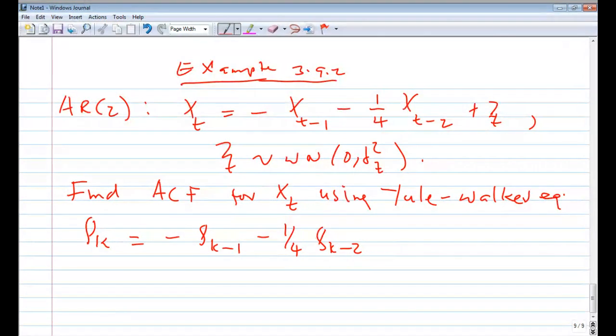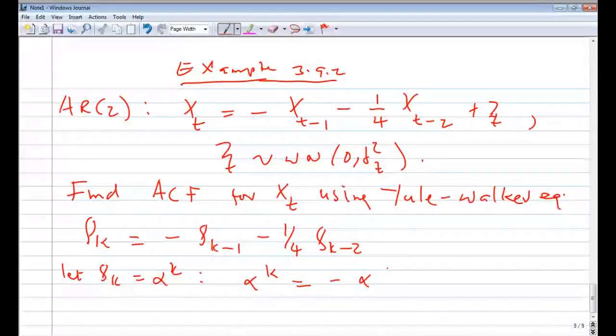Step number 3, you let rho k be equal to alpha to the power k. So you're going to get alpha to the power k equal to minus alpha to the power k minus 1 minus 1 over 4 alpha to the power k minus 2.